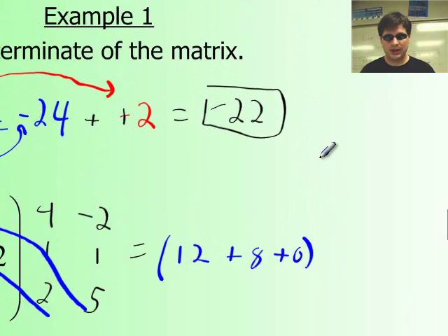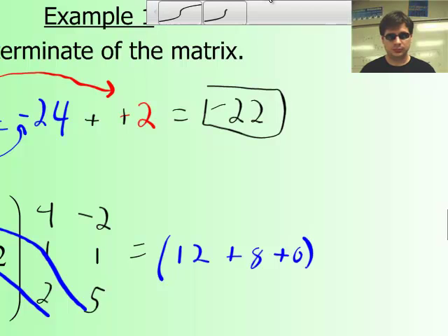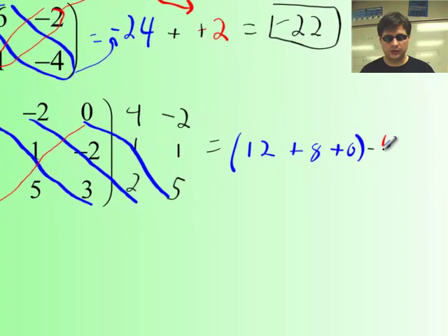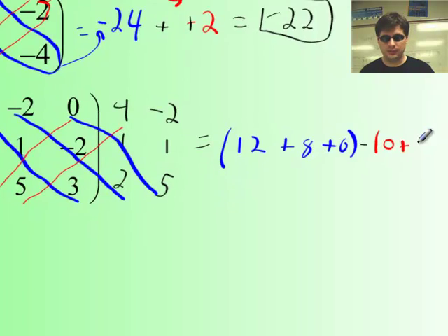Then we're going to say minus, because remember it's subtraction between the first and the second one. And now we go on the upward diagonal. So now we do 2, 1, and 0, which gives us 0, plus 5, -2, and 4, which will give us -40.